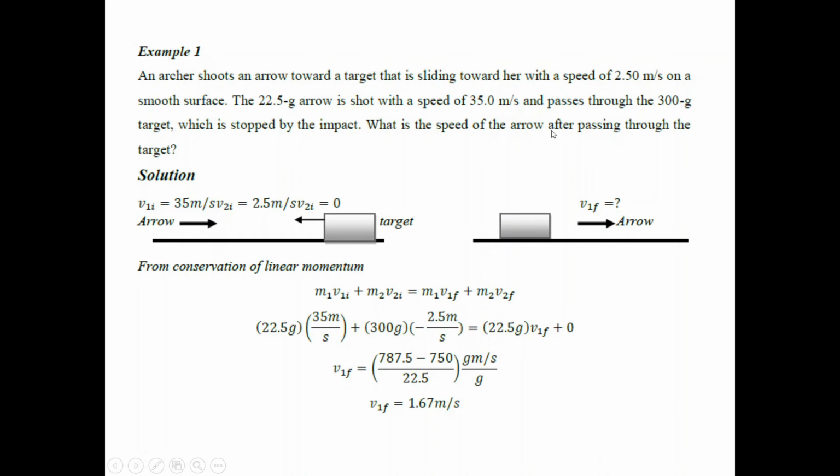The question is, what is the speed of the arrow after passing the target? And the target is stationary.